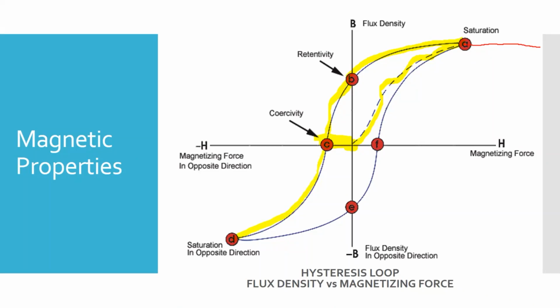D is our other saturation point. This is now all the poles have flopped to the other direction. No, right now it's magnetized. It has the same force in the opposite direction. When it's not magnetized is when it's right here at H, right in the middle.